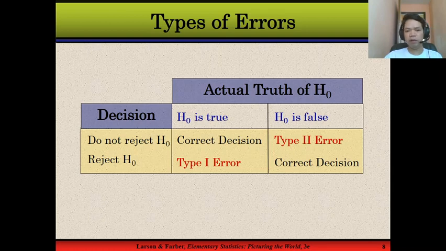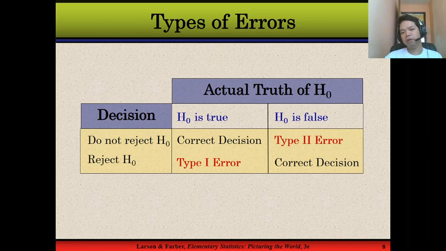Okay, let's look at this column. The null hypothesis is true. Tapos ang ginawa mong decision based on your hypothesis testing is to accept or do not reject H0. So dahil totoo yung null hypothesis mo at inaccept mo siya, ibig sabihin that is correct decision. Okay, how about your other case?